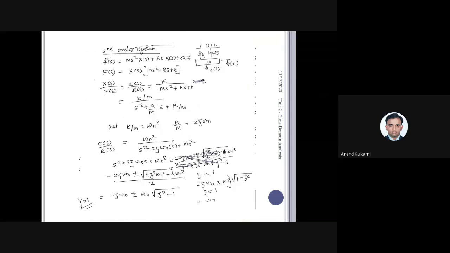Now here there are three different cases: underdamped case, critically damped case, or overdamped case. Underdamped case is when zeta is less than 1. The roots are minus zeta omega n plus or minus omega n into root of 1 minus zeta square.